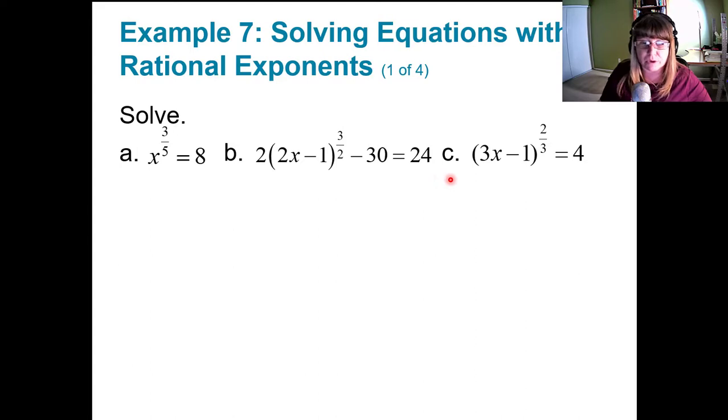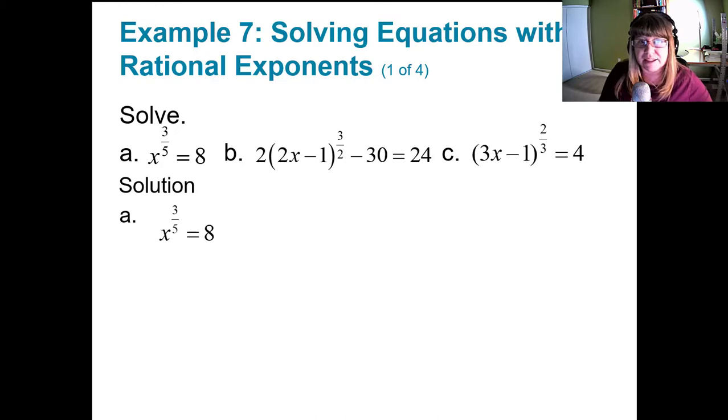And C: (3x minus 1) to the 2/3 power equals 4. Remember, we get to use this property about flipping the power, and if it's an even root in the denominator, we have to do plus or minus.